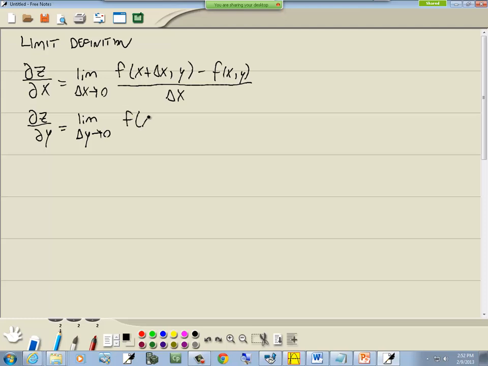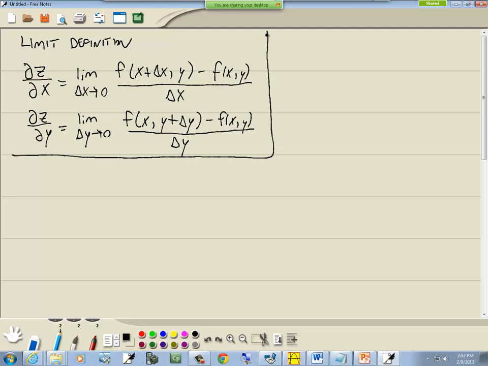This would be x, and then this would be y plus delta y minus f of x y, and over delta y. And we're basically just going to look at how to use these definitions with some problems. This is like phase 1. Phase 2, I plan to go back and put proofs out there on my website.